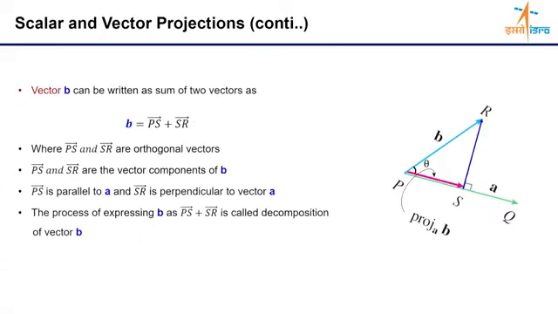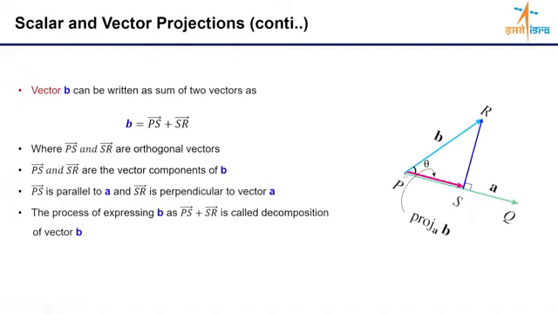Now again, there are a number of ways to write the vector algebra. If you want to write the vector b like this one, you can write it as PS plus SR. See here that the tail and the head are important, because the tail of the b vector is here and the head of the b vector is here.